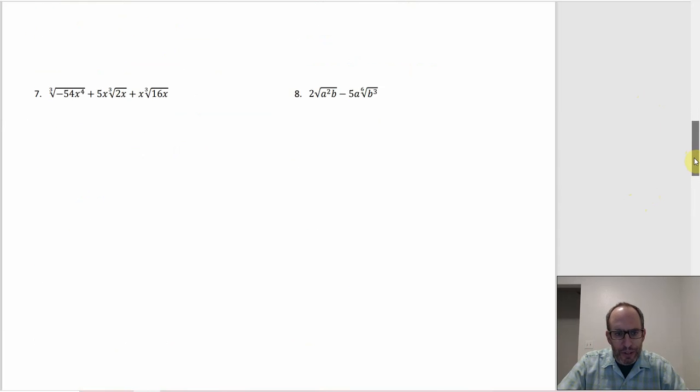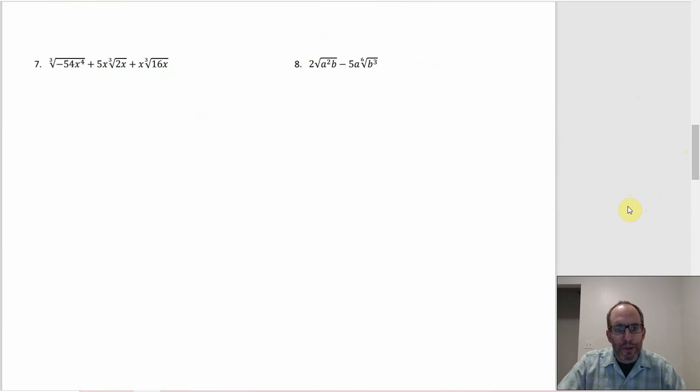So with 7, all right, the middle one we can't really do anything with, where there's the cube root of 2x. But with the other ones, I think we can do some stuff with those cube roots. So let's see, -54. The biggest cube, I guess, in terms of absolute value, would be -27.